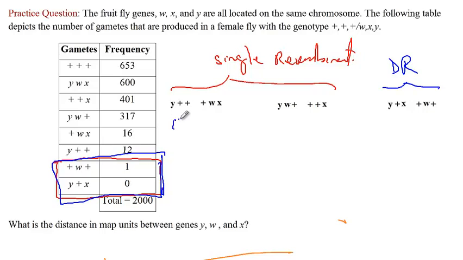We have 12 of that. How many plus WX do we have? We have 16 of that. How many YW plus do we have? We have 317. And how many plus plus X do we have? We have 401. Now regarding double recombinants, we have 1 plus 0, but then again 2 of these happened. So 2 times the value.